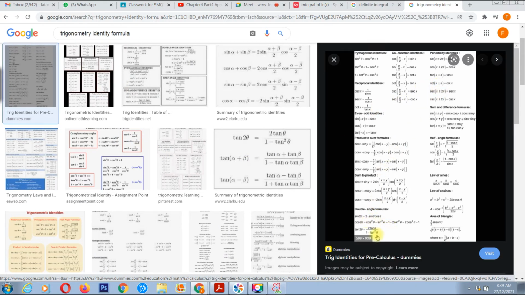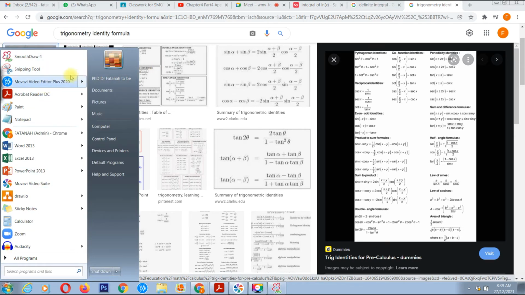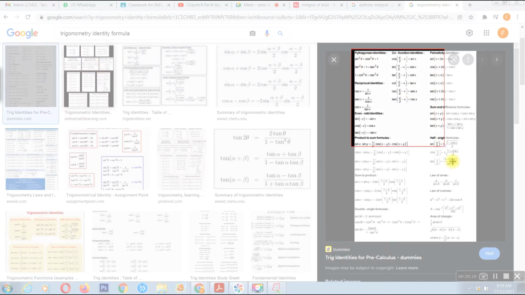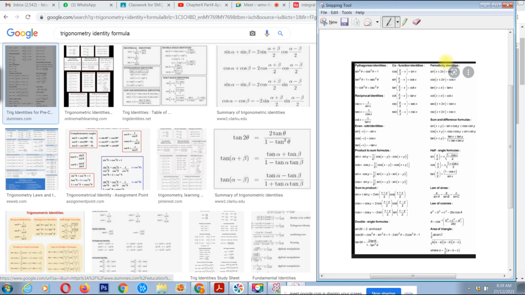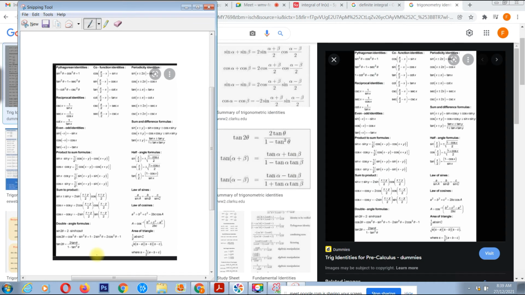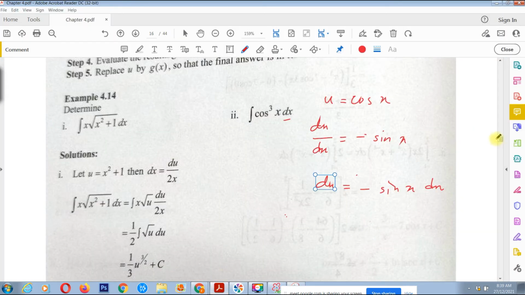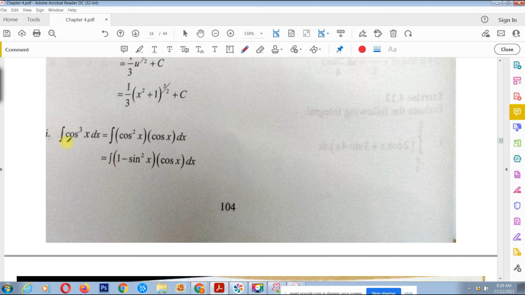So we have sine x cos square, and cos square equals this one. So here we use this identity. When we use the identity, we modify this first. We separate. So cos square is 1 minus sine square x.